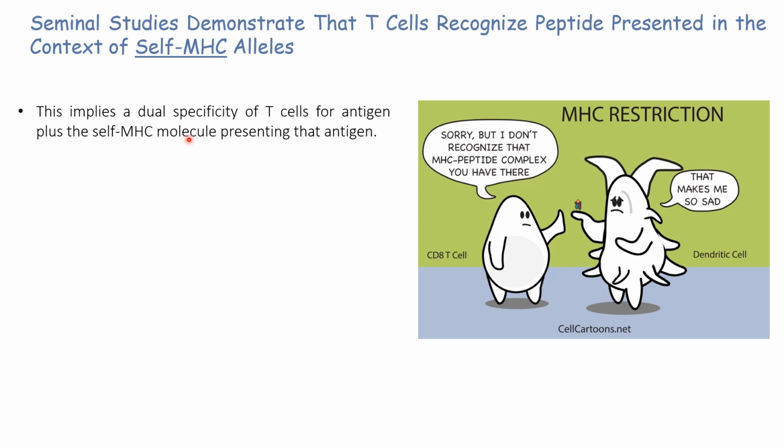So from this, people realized that the T cell has a dual specificity, meaning that it has to be seeing the peptide plus the MHC.